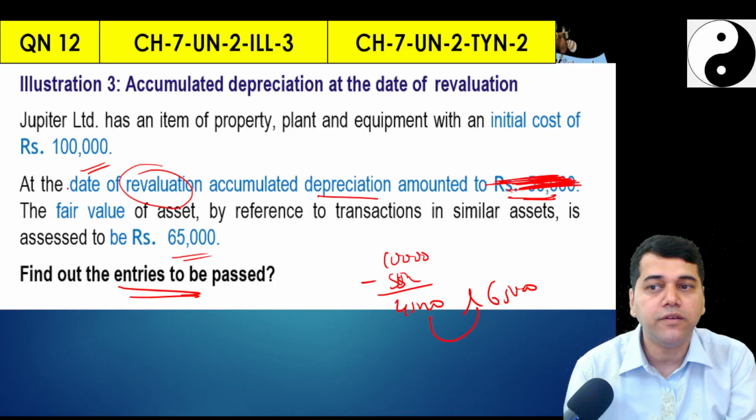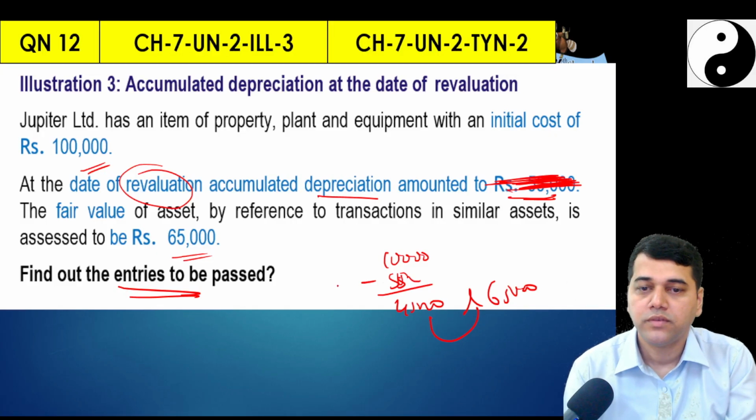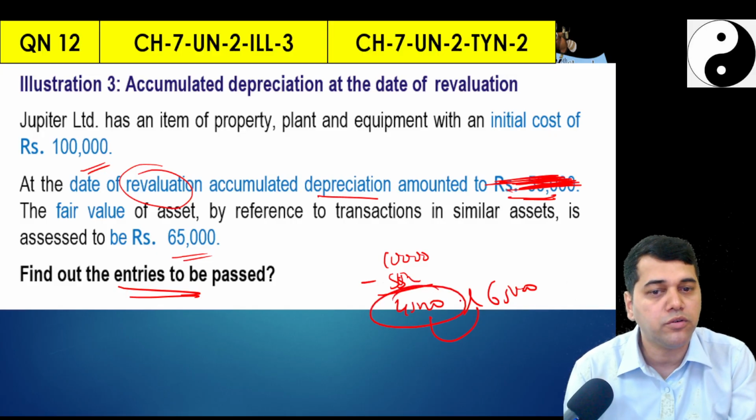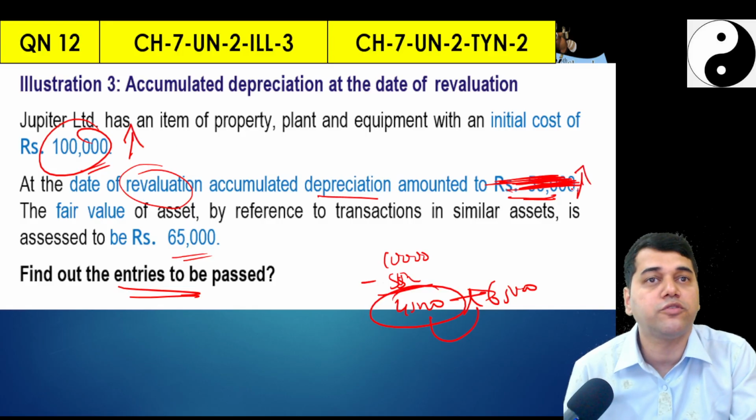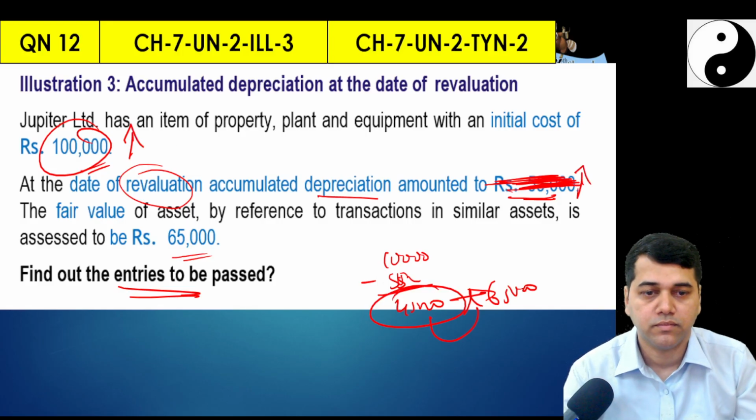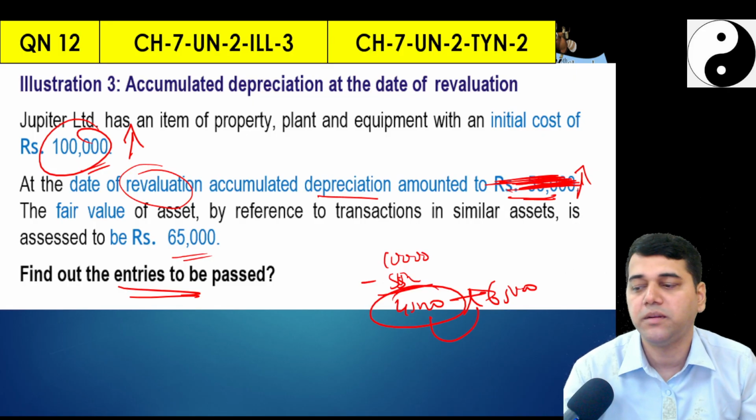Alternatively, when you do the revaluation, see, now what is my book value? 45, no? Make it 65. Alternatively, 1 lakh you increase, accumulated depreciation also you increase. This is method number 2.